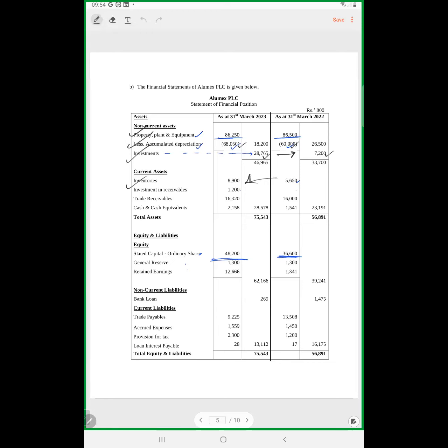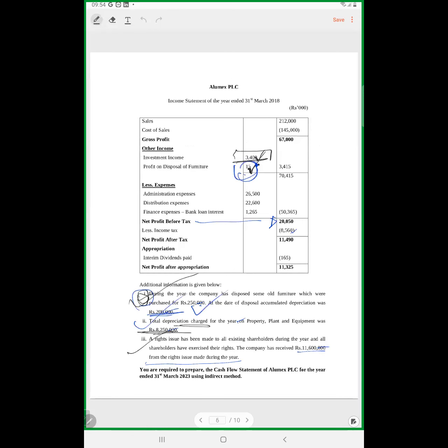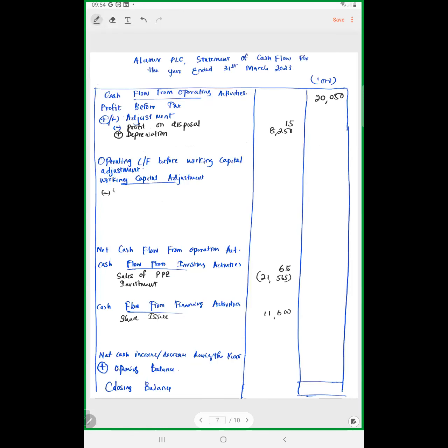So then how much will be the balance? 8,900 minus 5,650, 3,250. So then we need to deduct here the increase of 3,250.